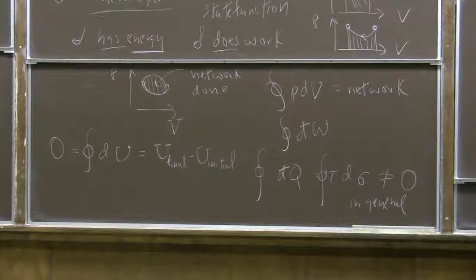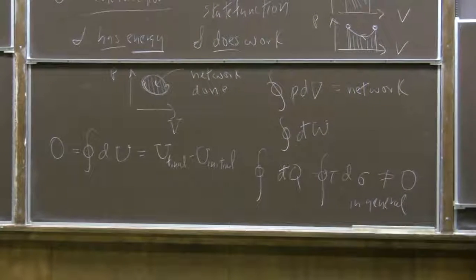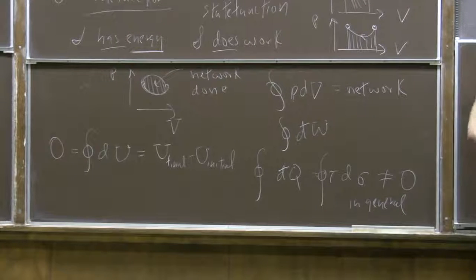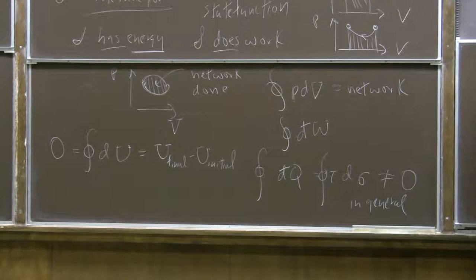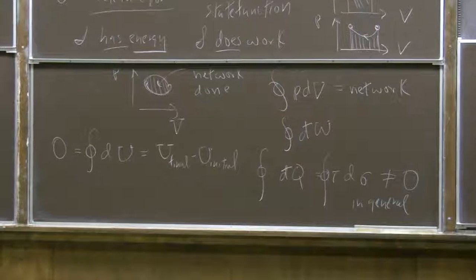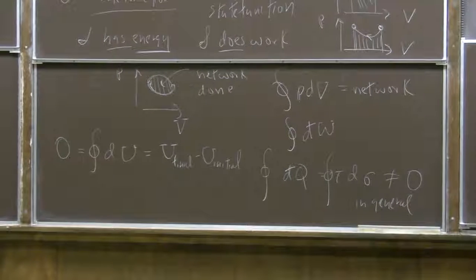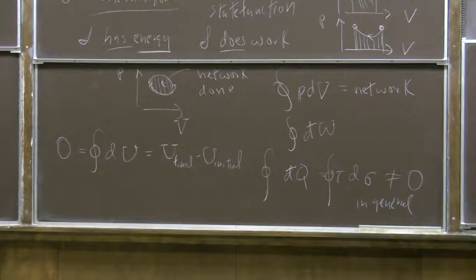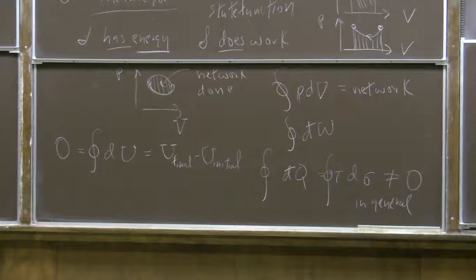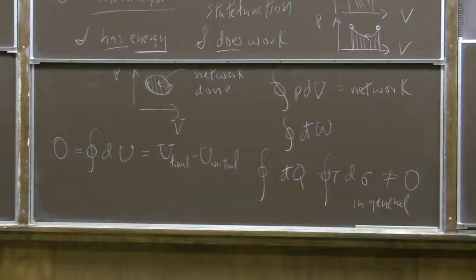Well, in fact, the two things are related, right? Because of the first law. If I integrate dU over a closed cycle, that's certainly 0, because U is a state function, but I can write it as the integral of d̸W plus the integral of d̸Q. And they can be separately non-zero, but they have to be equal and opposite.